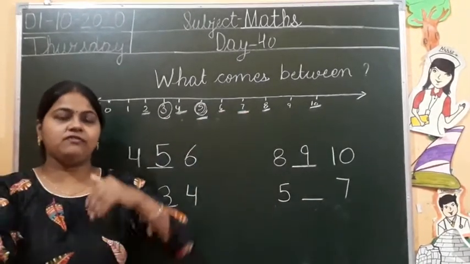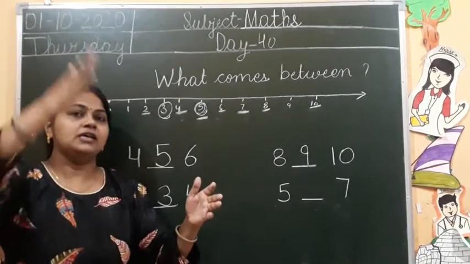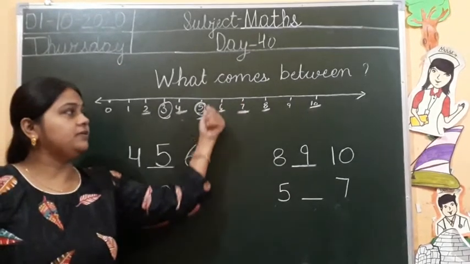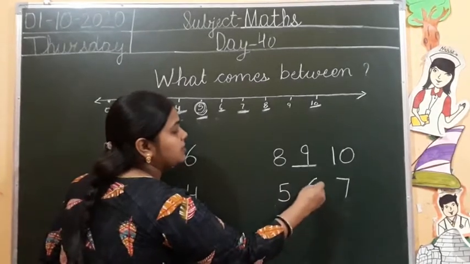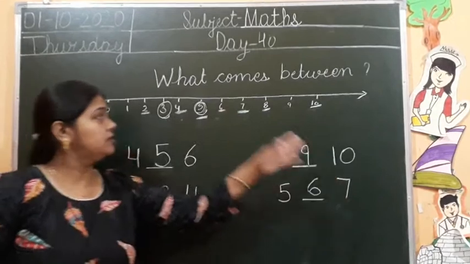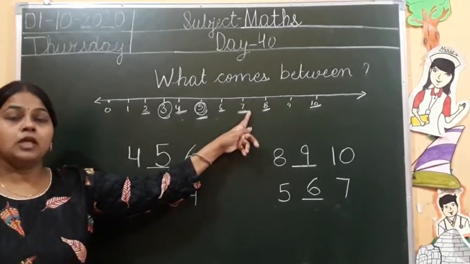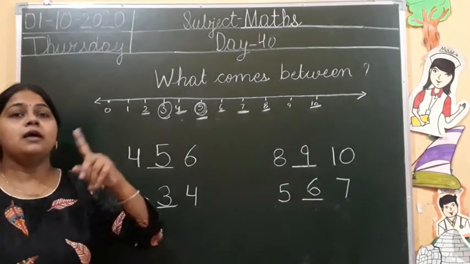This is 5, this is 7. What comes between 5 and 7? Between, number is 6. So I am going to write number 6. 5, 6, 7. Now read. 5, 6, 7. So in this way you also have to do your work in your maths notebook.